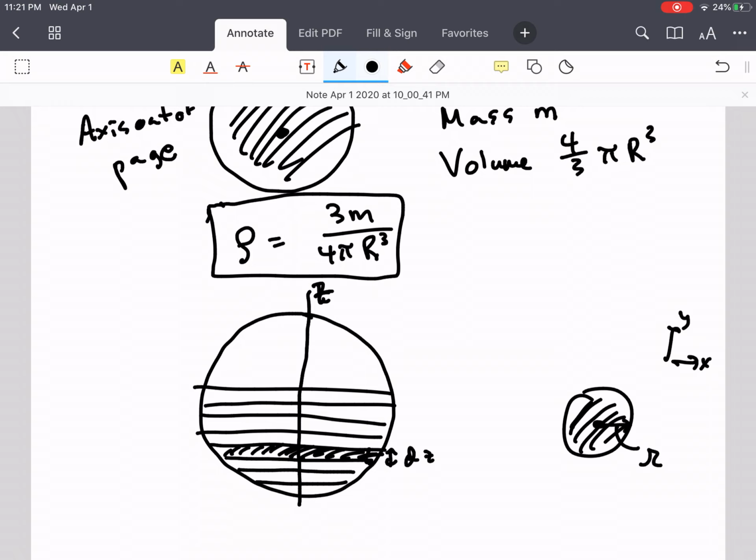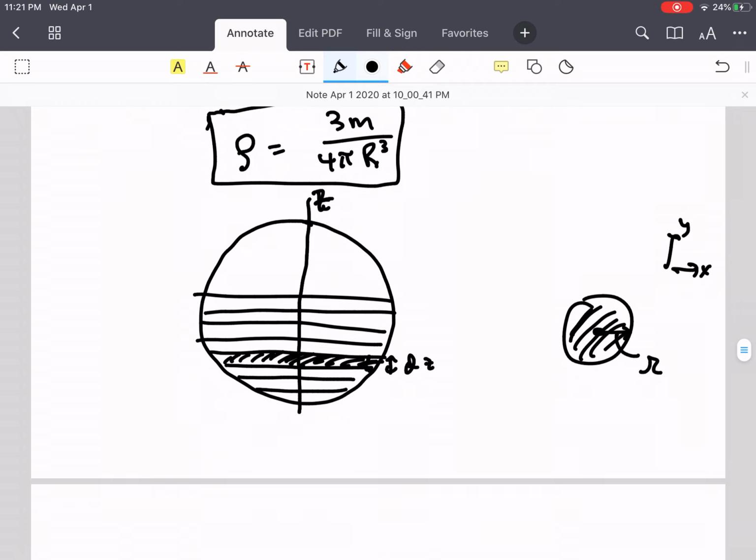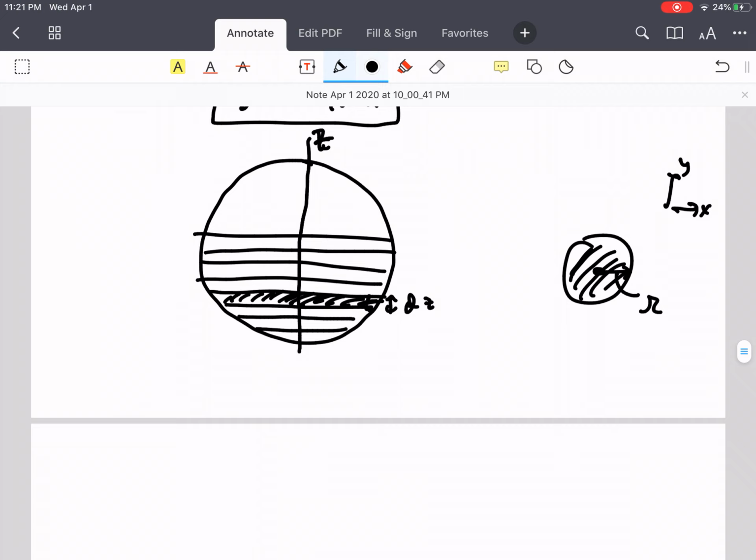So the height is dz, the radius is curly r, and I actually know the moment of inertia of such a disk. It's actually what I just calculated. It's 1/2 the mass of that disk times the radius of that disk squared.